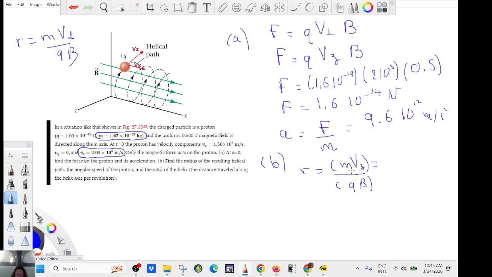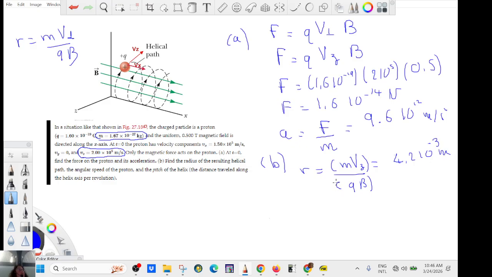Okay, so M is the mass. That's the perpendicular component. Divide by the charge and B. What do you get? Are you sure? Yeah, 4.2 times 10 to the negative 3, right? Yeah.